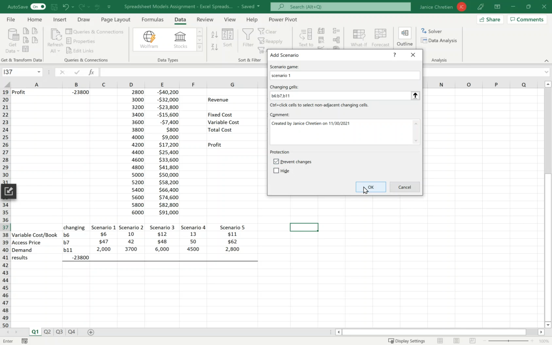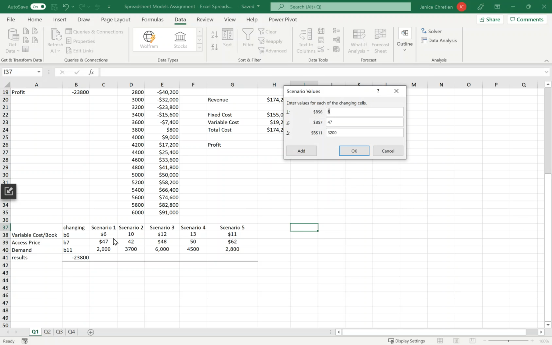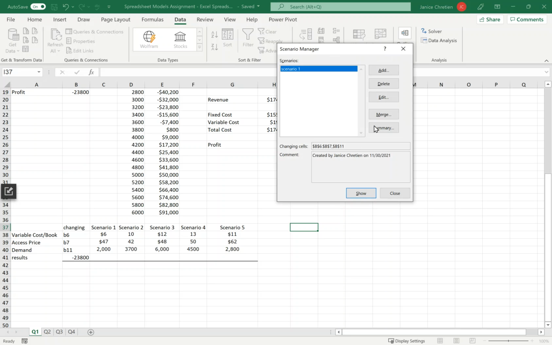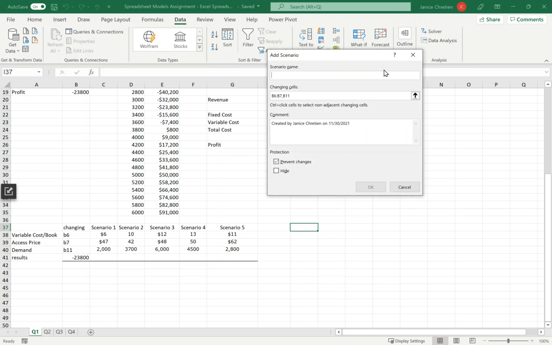Prevent changes. Make sure that's checked. Then for scenario 1, I'm going to put in my values that I have there. So I have 647. I need to change that to 2000. And tell it OK. Then I'm going to click Add Scenario 2. But my changing cells are still the same, so I don't need to change that.